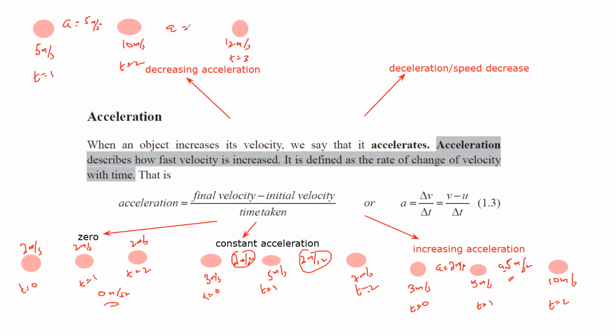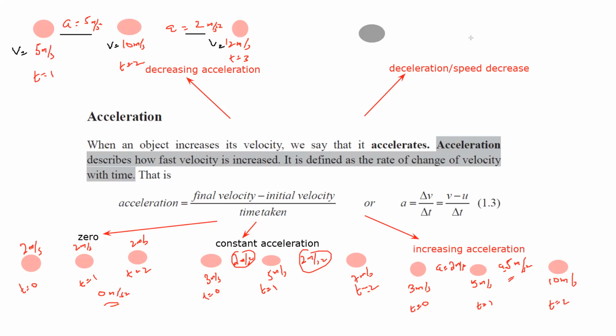Here also change in velocity is 2 divided by time is 1, so 2 meter per second square. So you can clearly see the acceleration is only decreasing while the speed is increasing. But for the term deceleration, the speed should also decrease. And then deceleration can be constant deceleration, or it can be a variable deceleration.